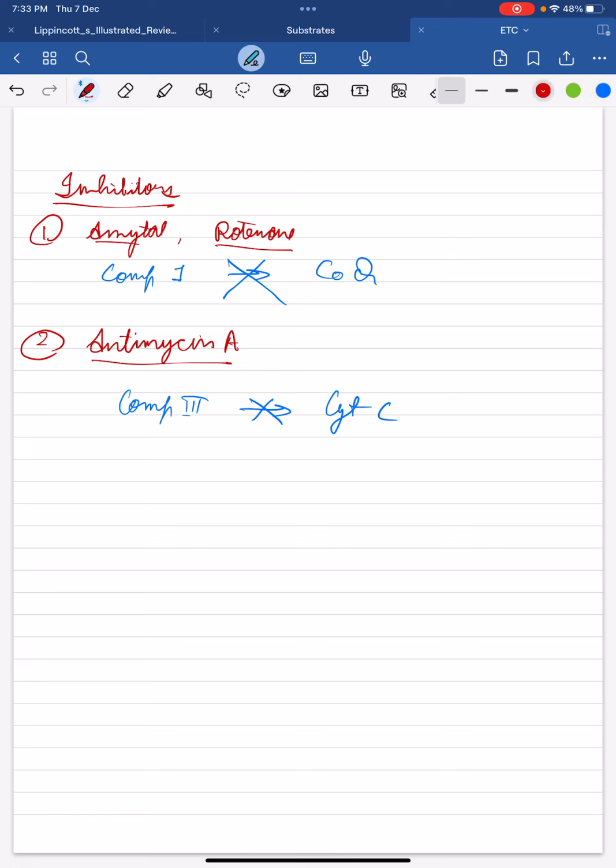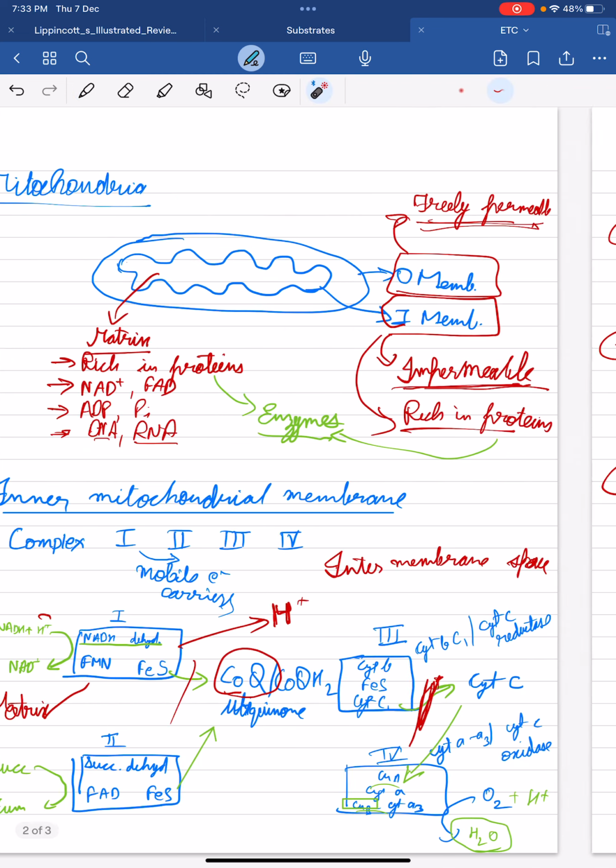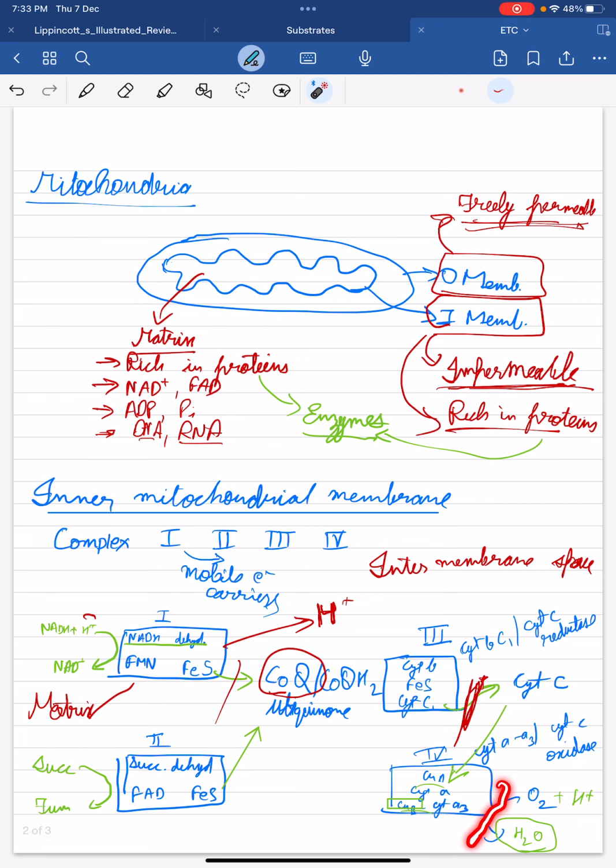Also, we have another set of inhibitors known as cyanide, which is a very popular poison. Also, we have carbon monoxide, hydrogen sulfide, and sodium azide. And what these four things do is they act here.